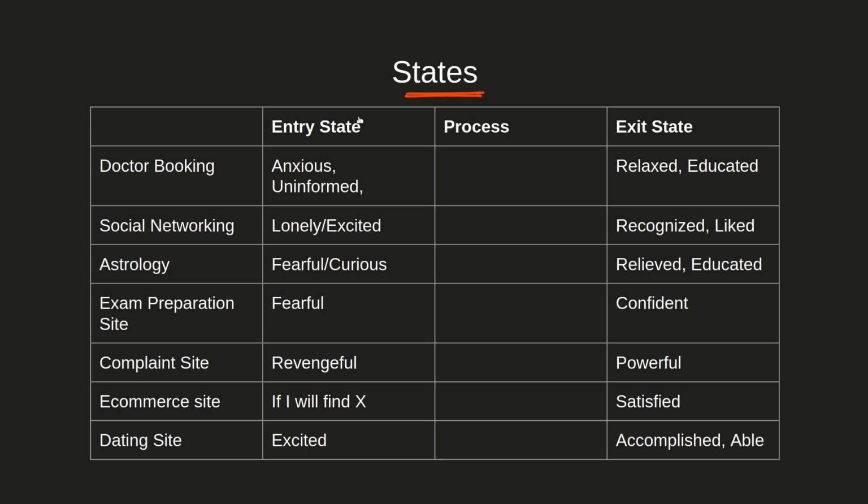Whenever you want to do something, there is a trigger, there is a state you are in before you do that, and then you take action on it. You do something, then you get an exit state that might be either desirable or non-desirable.